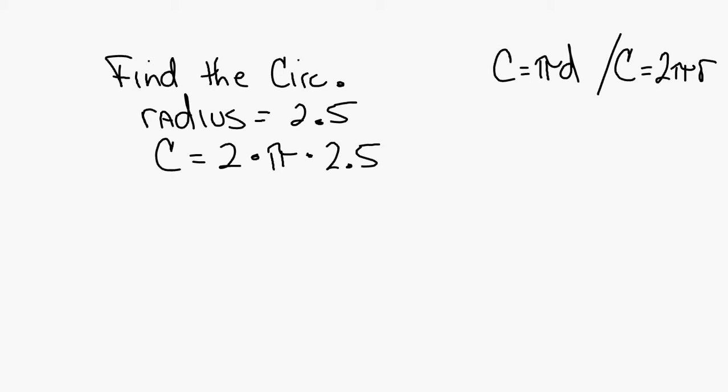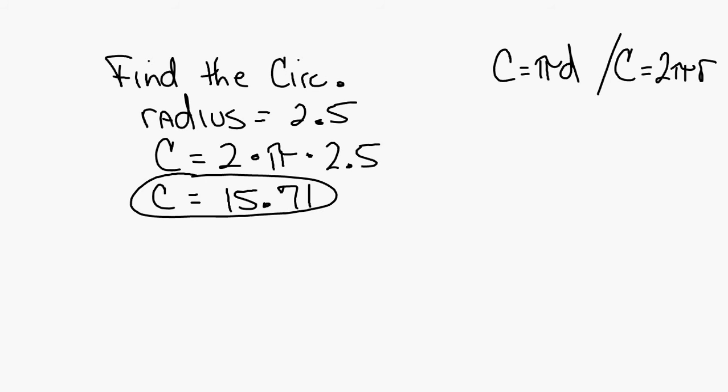So in your calculator, type 2 times, push the pi button, times 2.5, and hit equals. And now, if you set your calculator to second fix 2, or set your calculator to round to 2 decimal places, it'll do it for you. But in this case, did you guys get 15.71? 15.71. Okay, so there you go. There's your circumference rounded to the nearest hundredth.